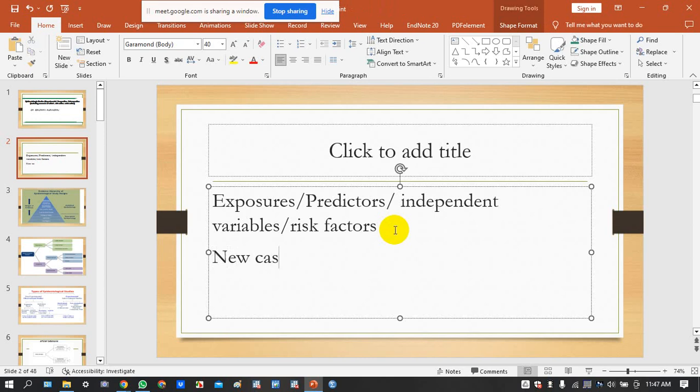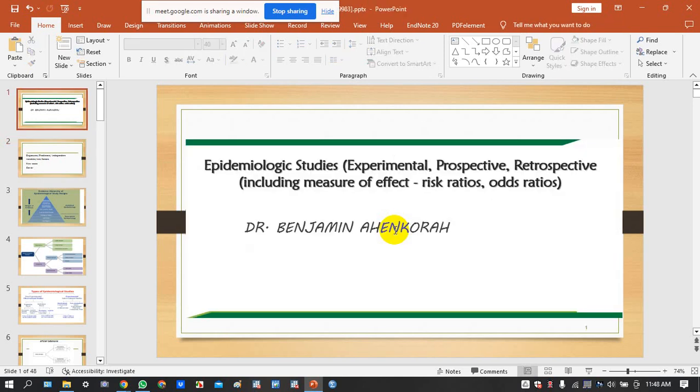For instance, what is the incidence of COVID-19 in Upper East?